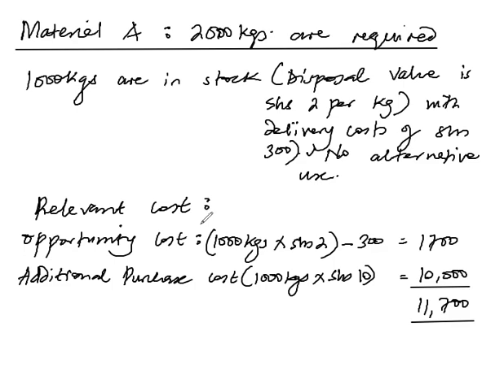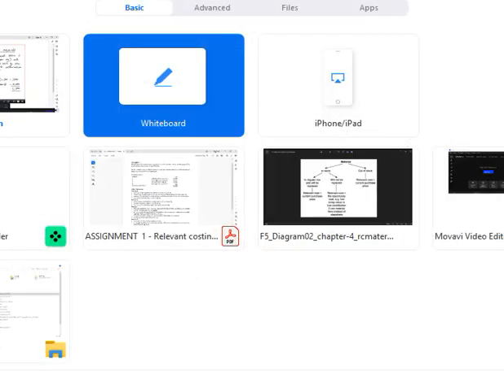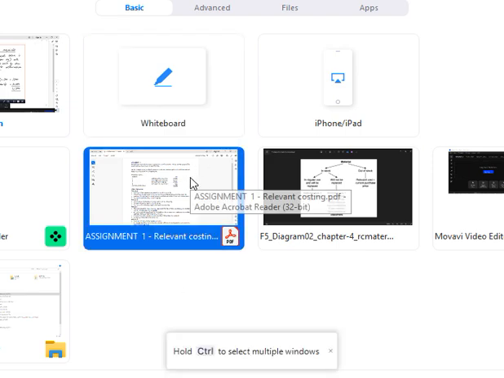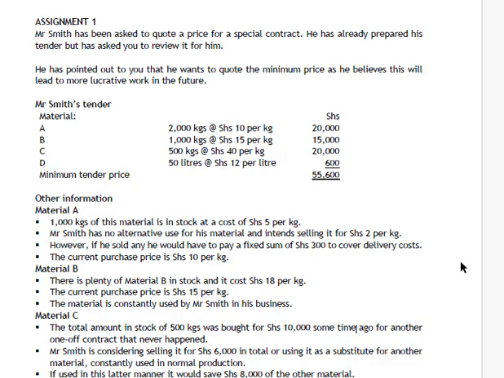We shall use 11,700. That is material A. Let's look at material B, and then we see how we can arrive at its relevant cost. So the 20,000 for material A is wrong. We have to use 11,700.